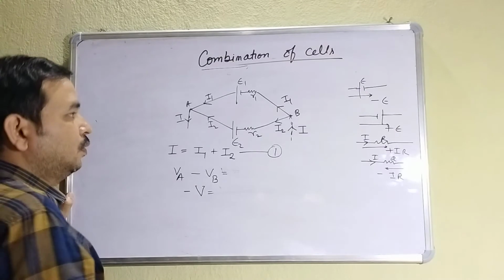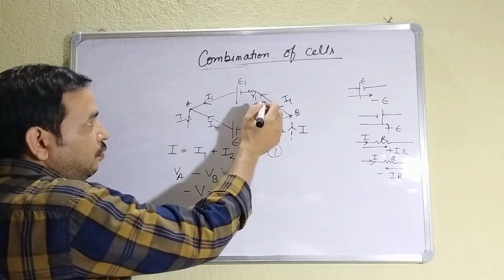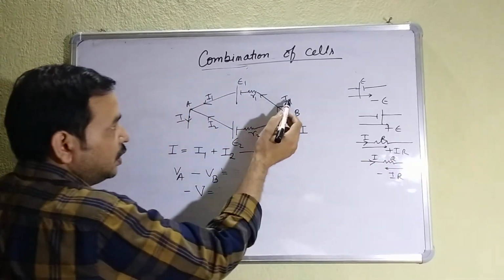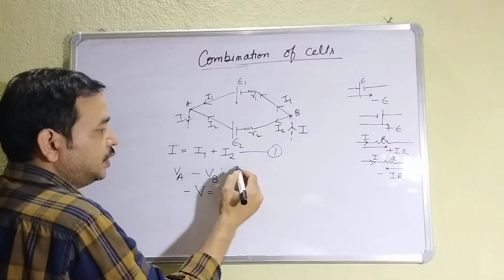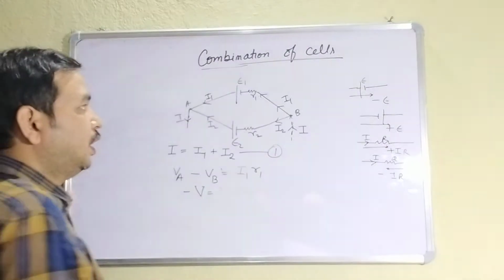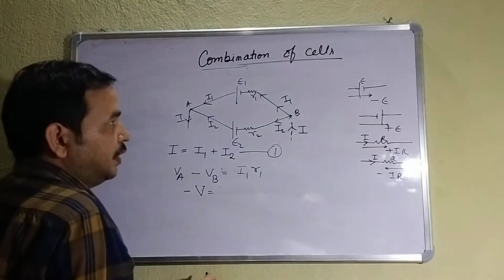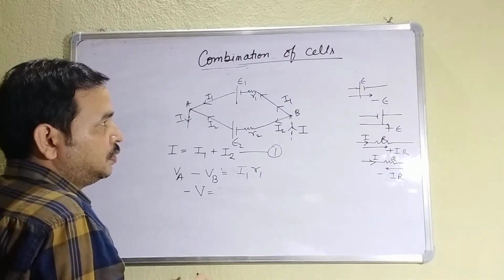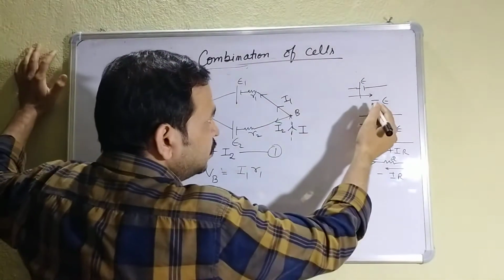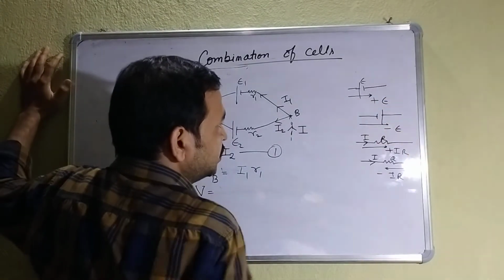Now, when it comes like this, you can see we are going in the direction of current, plus IR. What is the current here? I1. What is the resistance here? R1. Now from minus to plus, if we are going from minus to plus, then here there is a correction. This will be plus, this will be minus.